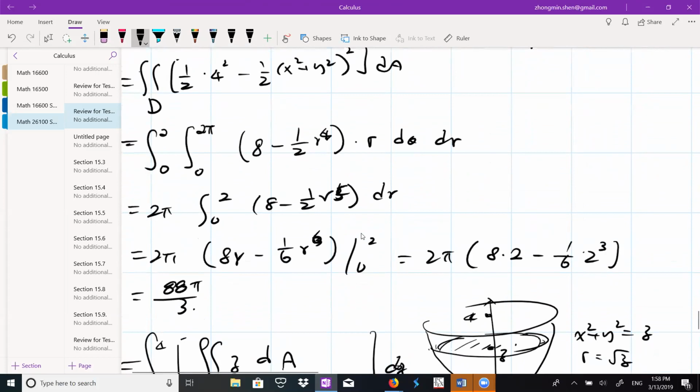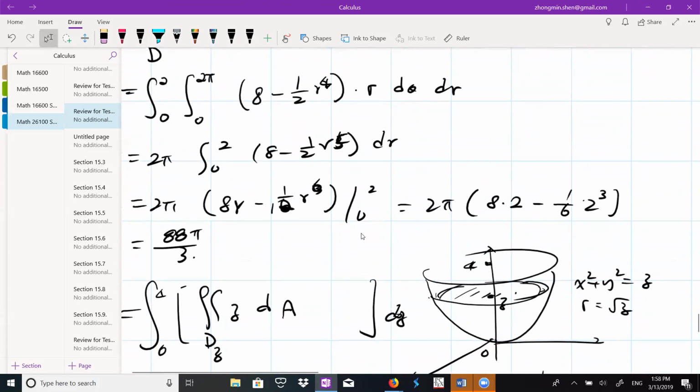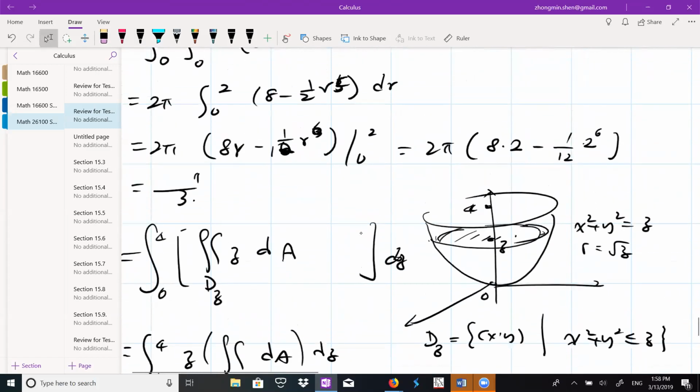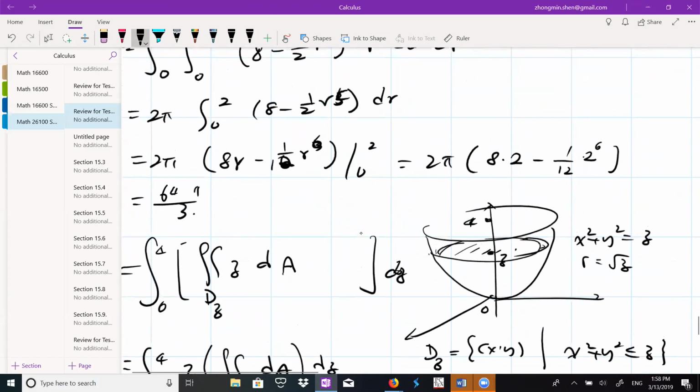Right, and 12. Then the rest of it is correct. Okay. So it will be 12. It's easy to make mistakes, right? Yeah. So 2 to the 6 is 12. After simplifying, I think it's 64. I'm pretty sure. Okay, let's do the computation.